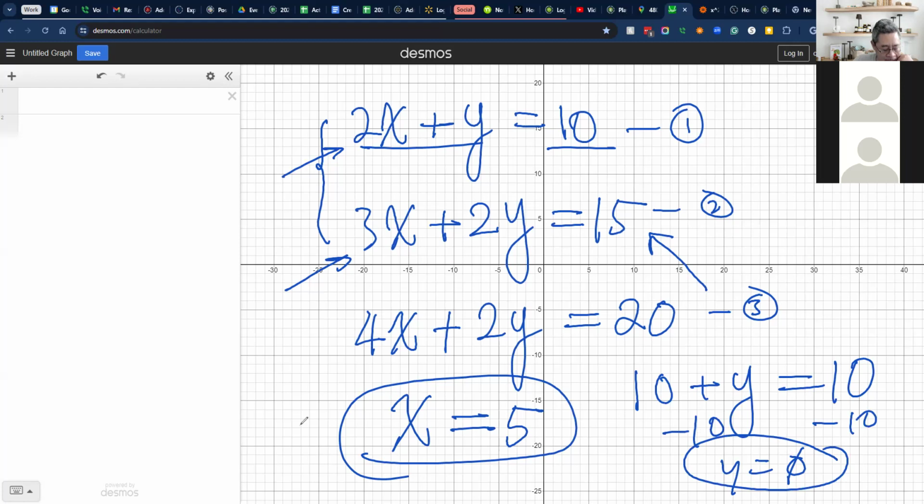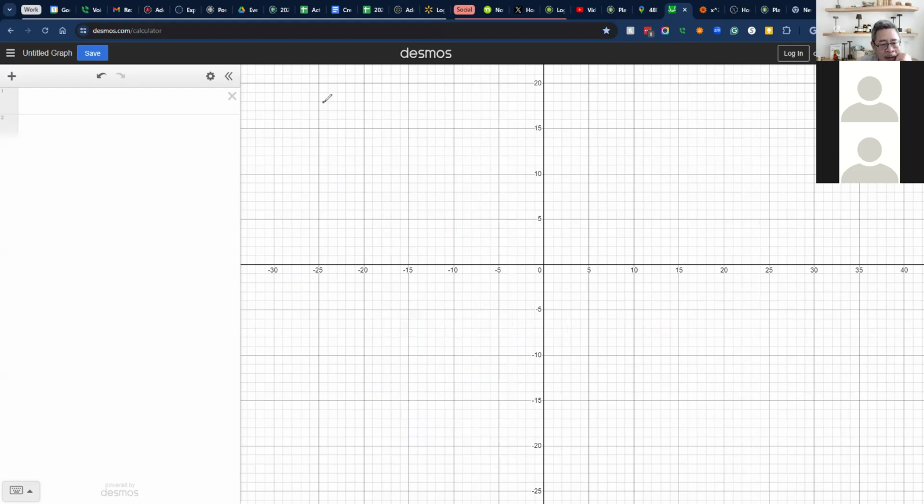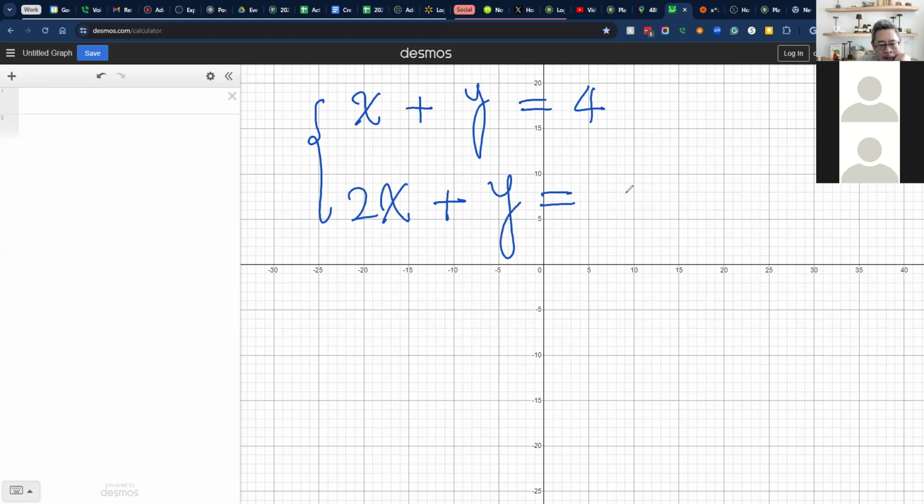Okay. All right. So now we're going to look at a different way of doing it. It's called substitution. For example, this is a simple one. What we're going to do is replace one variable with another. So for example, we pick the first one.